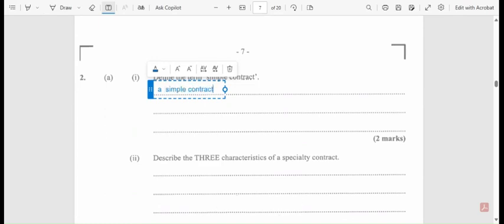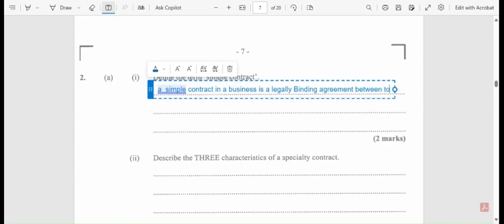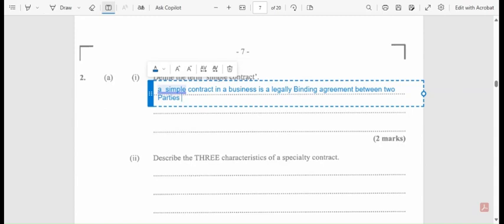A simple contract in a business is a legally binding agreement between two parties that outlines terms and agreements.